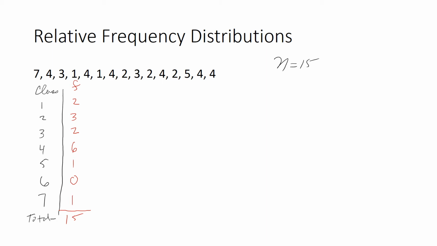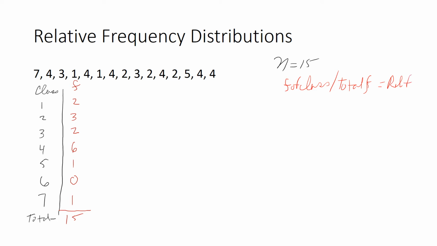Let's say for the class of 1, 2, what's the portion of this? What's the percentage of this? The formula we're going to be working with is the frequency of the class divided by the total frequency. And that's an F, so a little clearer, that'll give us the relative frequency.